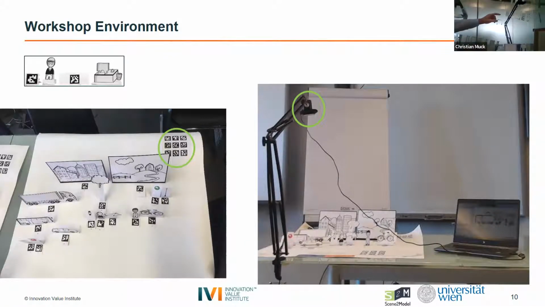So here we have our camera, which is taking the pictures of the scene, and down there we have our paper figures positioned on the table. And as you can see here, we have this enhanced with the text.